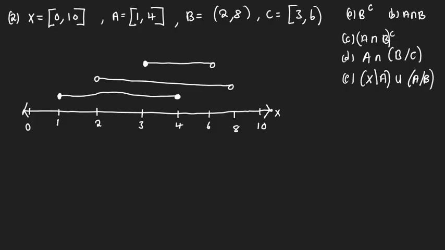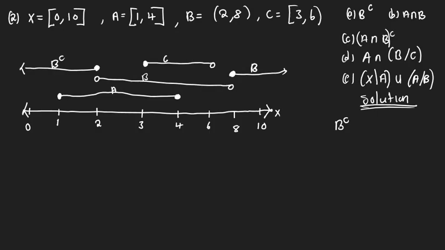The first one is B complement. This was our A, this was our B, C. B complement, since there's an open circle here, so we are going to shade the circle and then we take it this side. That becomes our B complement. We also come this side, we shade the circle, we take this side, and that becomes our B complement.